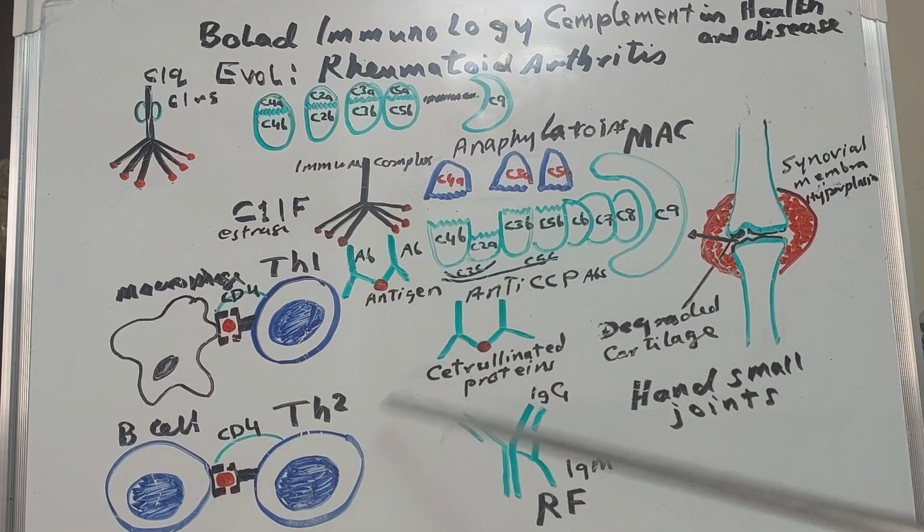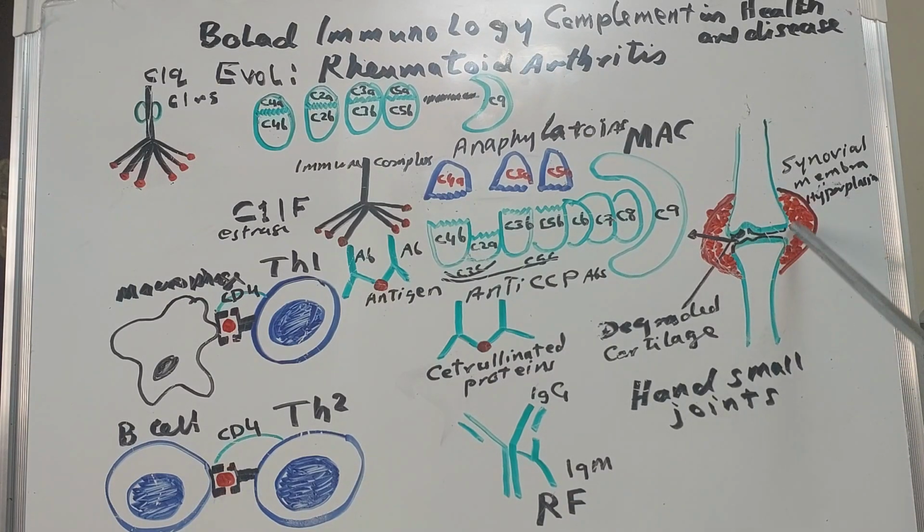Actually, this story takes place here in this small joint. These cytokines from the macrophage, tumor necrosis factor alpha and interleukin 1, are pro-inflammatory cytokines, and they have the capacity to induce destruction in this area and inflammation.